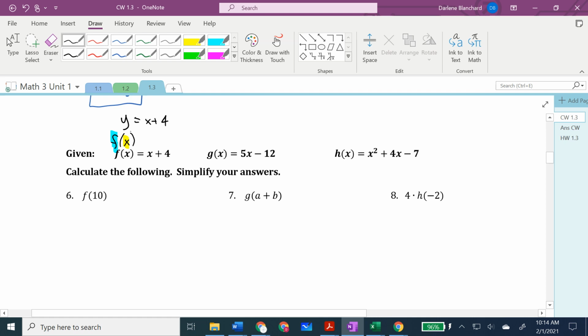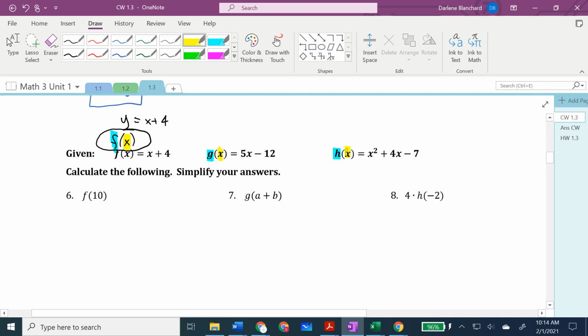It's just when you write it this way using function notation, it allows you to, first of all, name that particular y versus this other y function versus this other y function. So now we name them so we can talk about function f, function g, function h instead of the first function I drew. But it also explains to you who the input variable is.